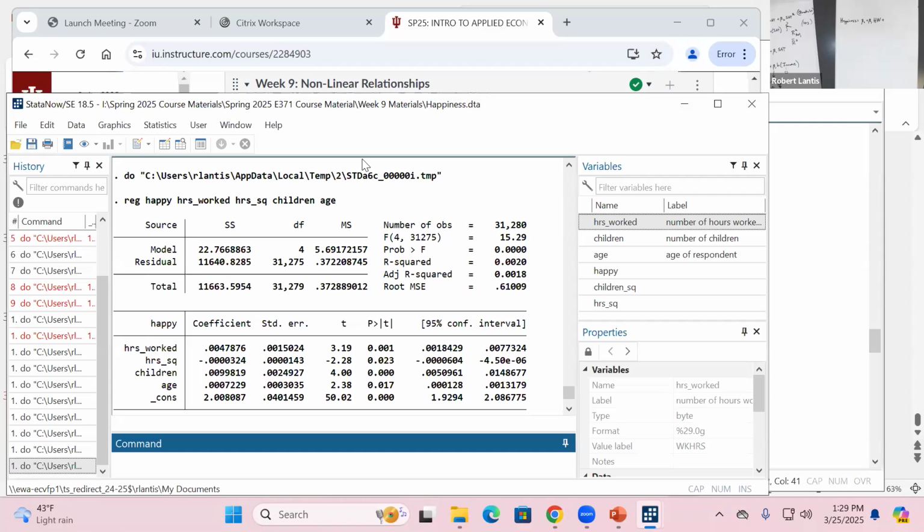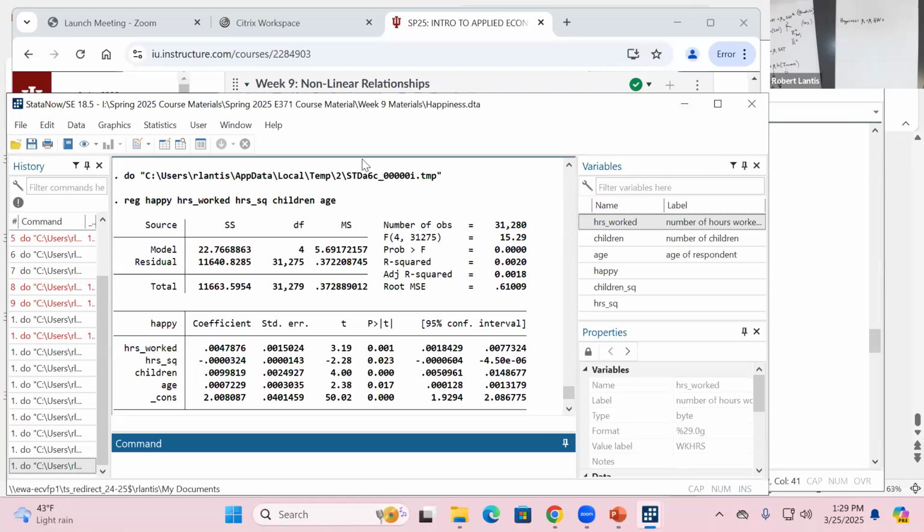So there's going to be some number of hours worked where if I think about, okay, what's my marginal effect? So the idea of a marginal effect is taking a derivative of this linear regression equation with respect to the thing that's changing, hours worked. So if I take a derivative of this, I'm going to be left with beta 1 plus 2 times beta 2 times the number of hours worked here.